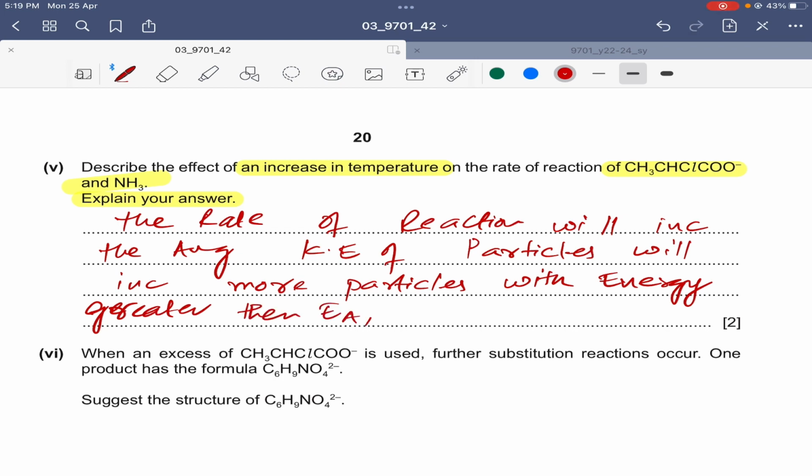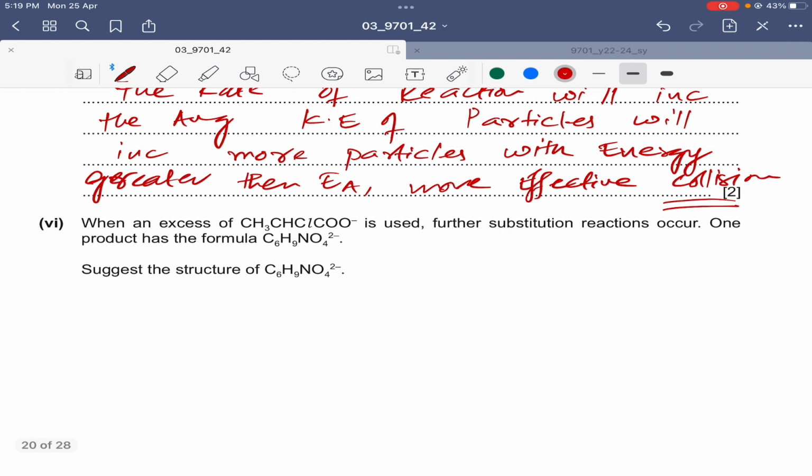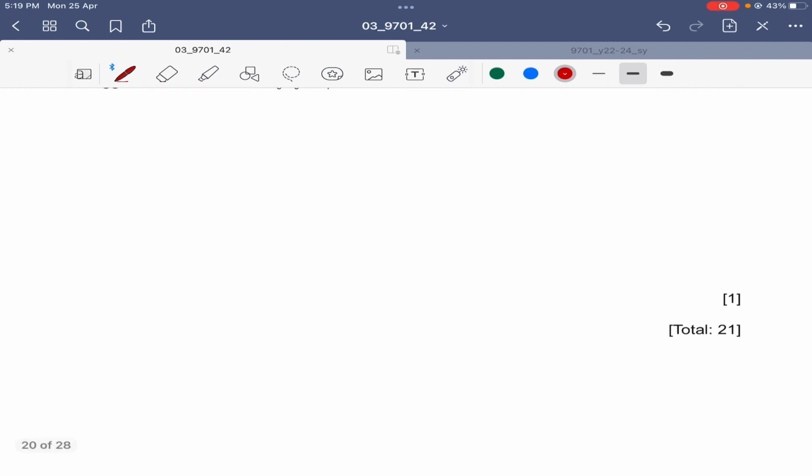So more effective collisions will take place. More effective collisions, right? So rate of reaction will increase. Simple question. We have to describe the effect of temperature on the rate of reaction.